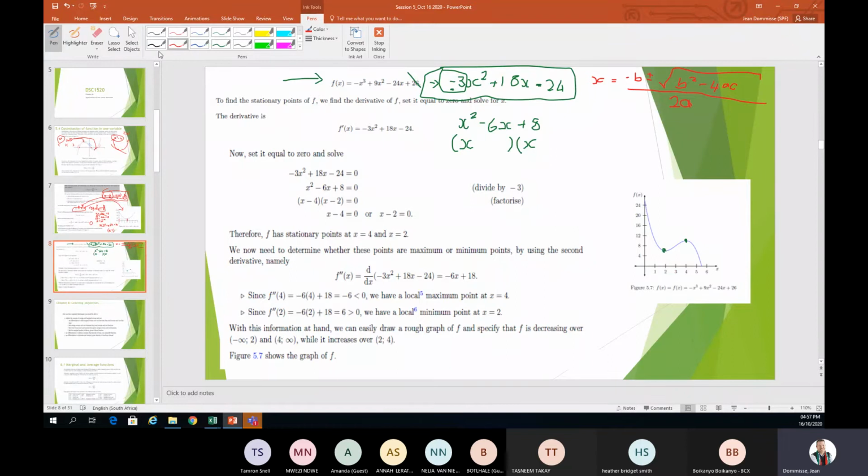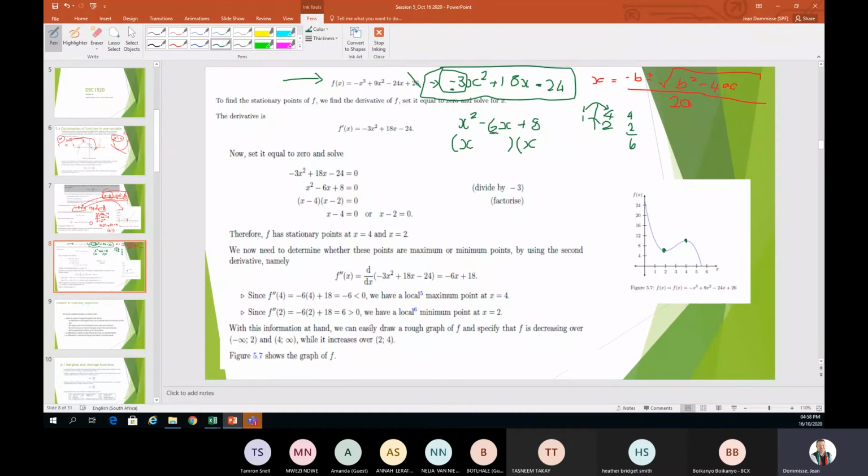But when I look at this, and from my experience, when I see this, it's nice numbers. So I know to get to a 6, if I use 4 and 2, I can get to a 6. In front of the x squared there's 1. So if I say 1 times 4, I get 4. If I say 1 times 2, I get 2. 4 plus 2 is 6.